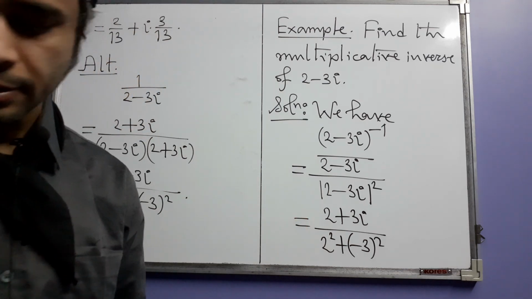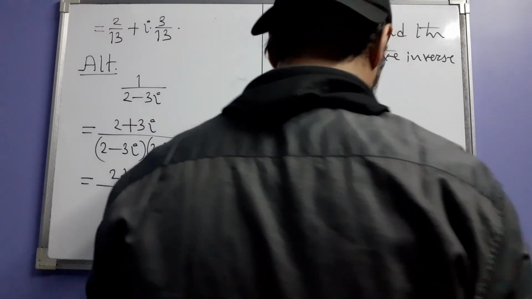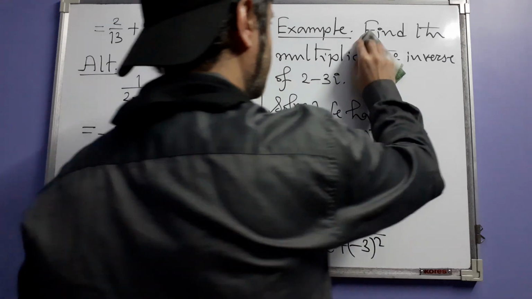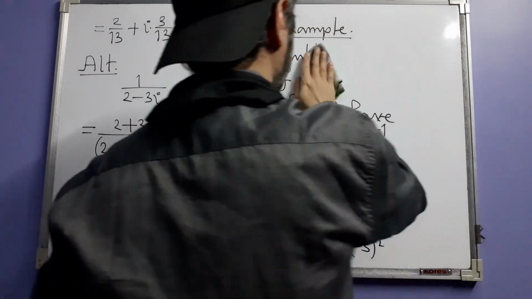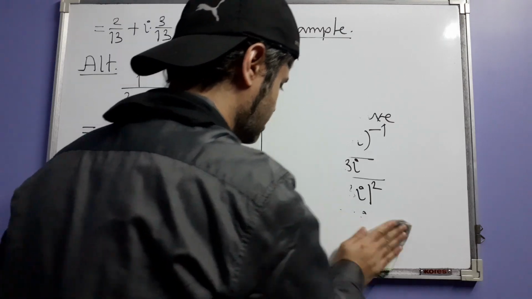Let us see another example. Same thing, meaning not multiplicative inverse, but we have to express in a plus bi form.